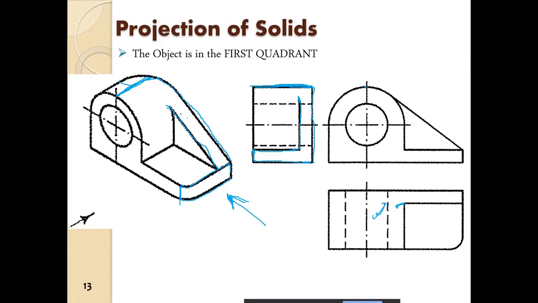There is no intersection of edges in between here. All right, and we will of course see this entire surface. So this surface we will see, this surface we will see, and this surface we will see.